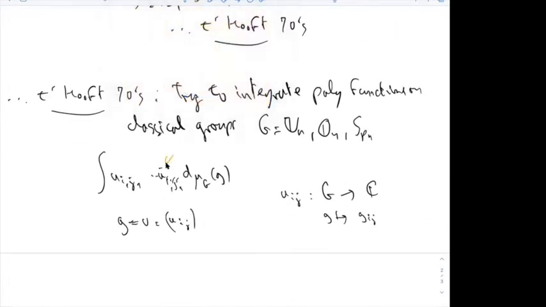Maybe I make this: the conjugates are allowed. Conjugates are polynomials. And by the way, it's also completely compatible with the general statement of the Stone-Weierstrass theorem.